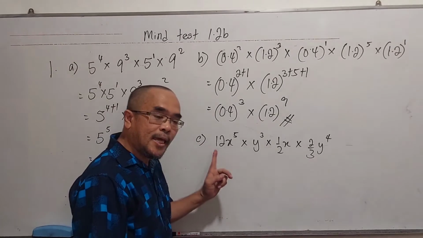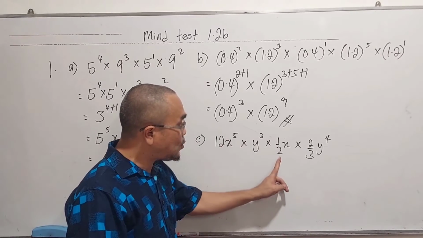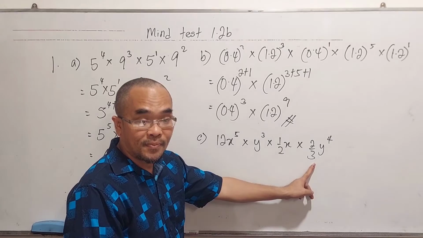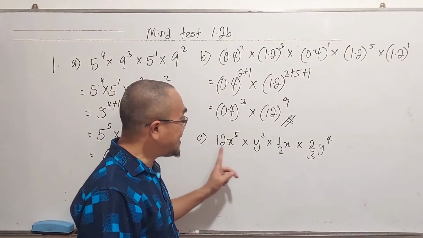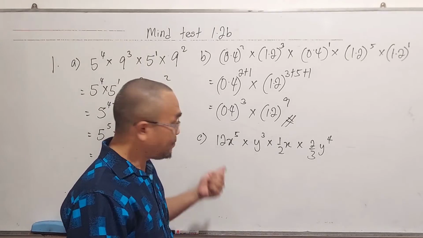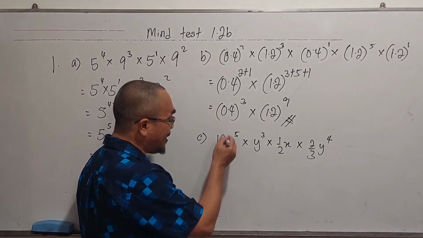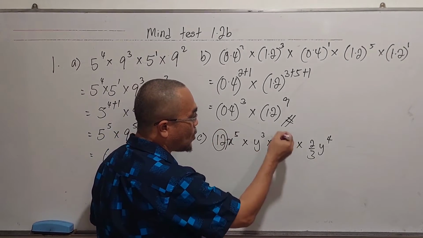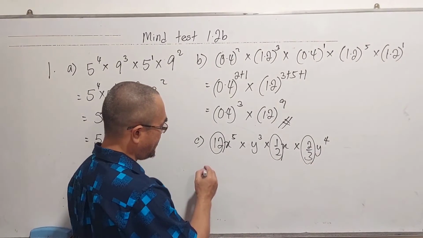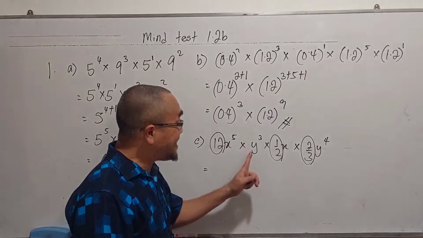So similarly, for this one, we just calculate what is 12 times 1 over 2 times 2 over 3. Help me with that. You understand? So these are just numbers, so we cannot use the concept of index. We just calculate. What is 12 times 1 over 2 times 2 over 3? And for y, because this is a different base.